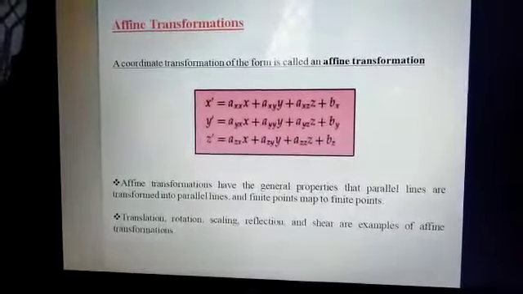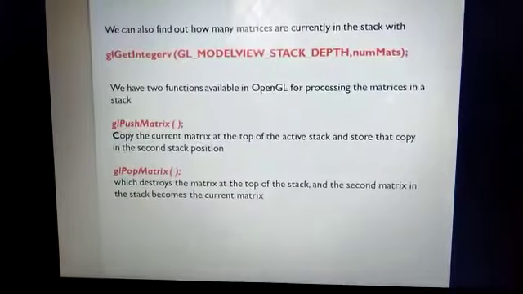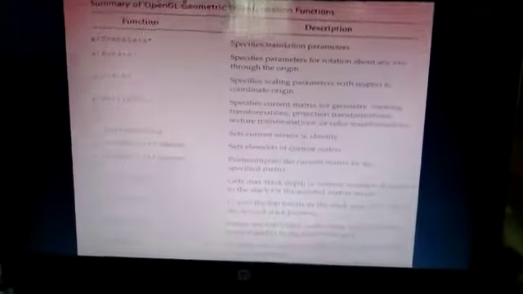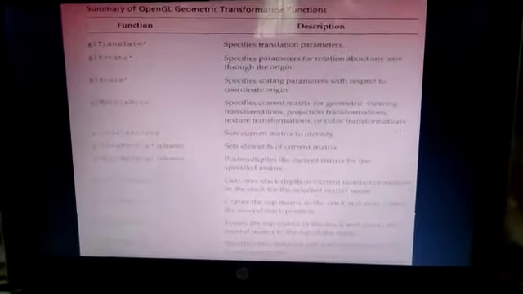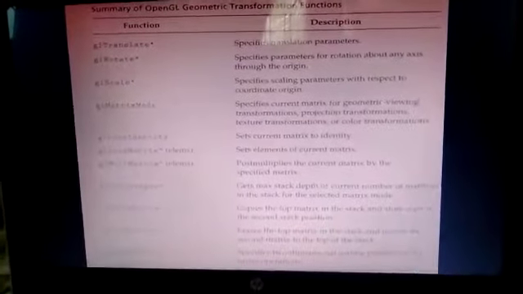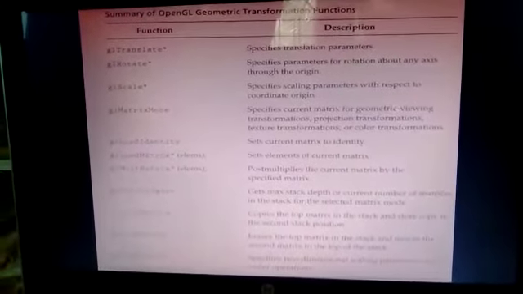And we have two functions available in OpenGL for processing the matrices in the stack, that is glPushMatrix and glPopMatrix. A few of them I have listed here. You can just go through them, where I have provided the description along with each function, which will be often used in our OpenGL programs.